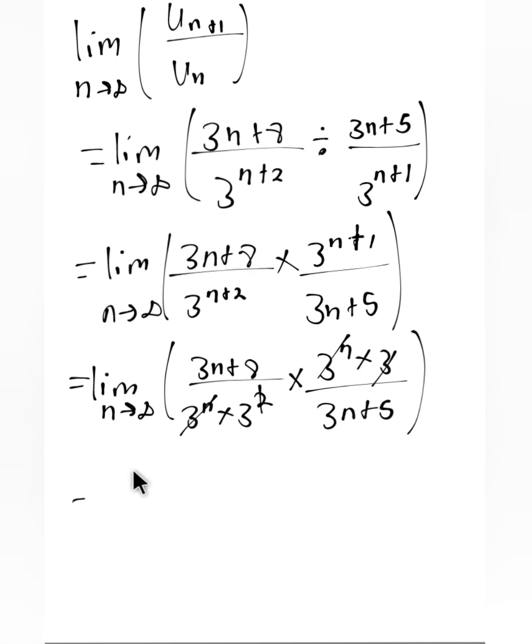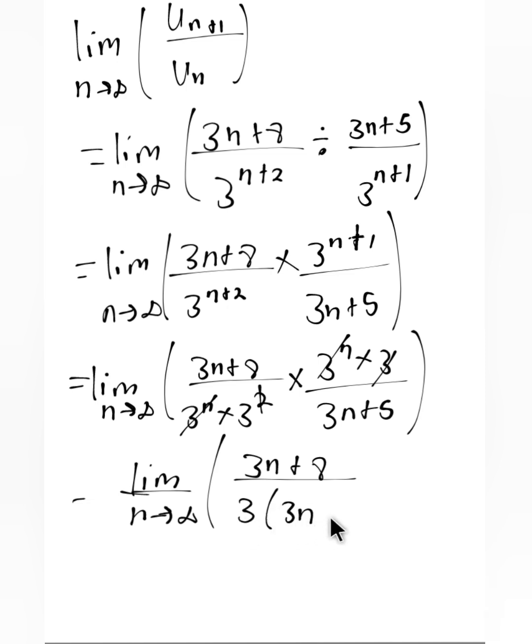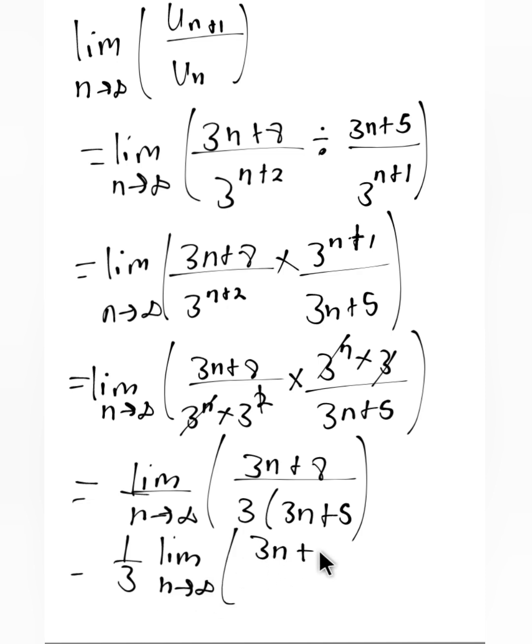So we have the limit as n tends to infinity of 3n plus 8 all over 3 into 3n plus 5. So this can be further simplified into 1 over 3. 1 over 3 is a constant here. Then the limit as n tends to infinity of 3n plus 8 over 3n plus 5.